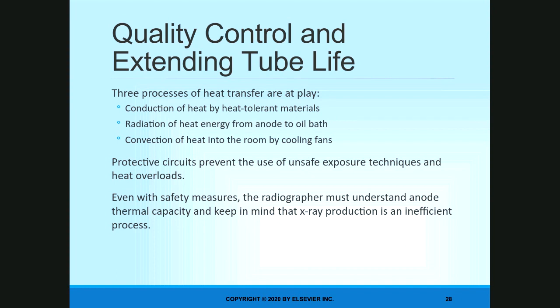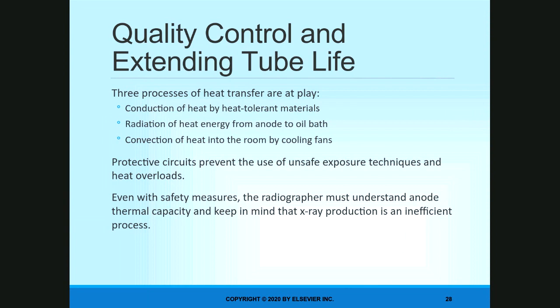All right, so there's 3 processes. Once that anode gets hot, there's 3 ways that the tube can get rid of or release that heat. It can do conduction by heat tolerant materials, like it can pass through the anode target and into the copper and the molybdenum, which helps dissipate the heat from the face of the anode.